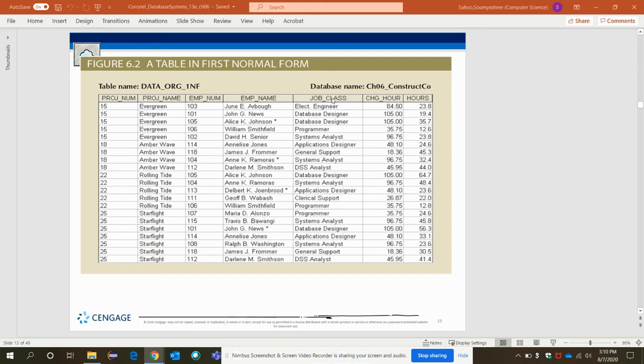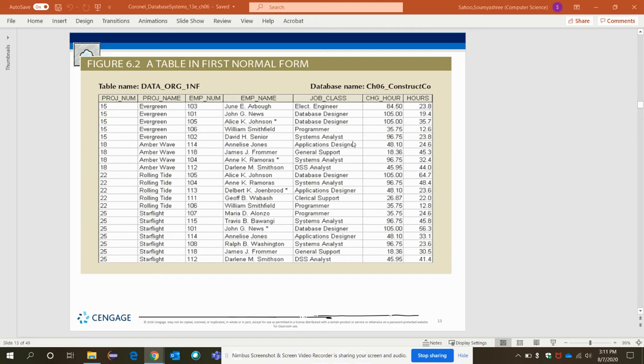Yeah, so in the job class, where is that table? Analyst Jones, yes. So modifying the job class, let's say to application designer for analyst Jones, requires updating many entries, which leads to data inconsistencies.